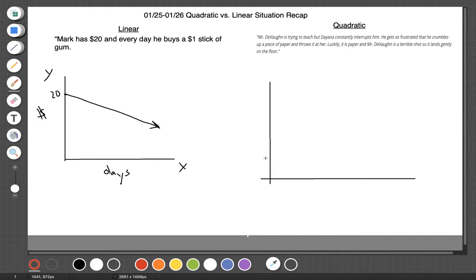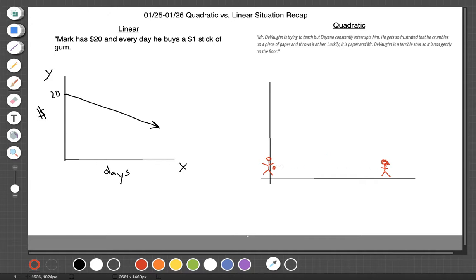We could think of this a few different ways. First, let's just think of it like, okay, Mr. Devon is standing over here. And Diana is over here. And she has longer hair. And he has this paper ball, right? And he wants to throw it at her. Now, what does it look like when he throws something?